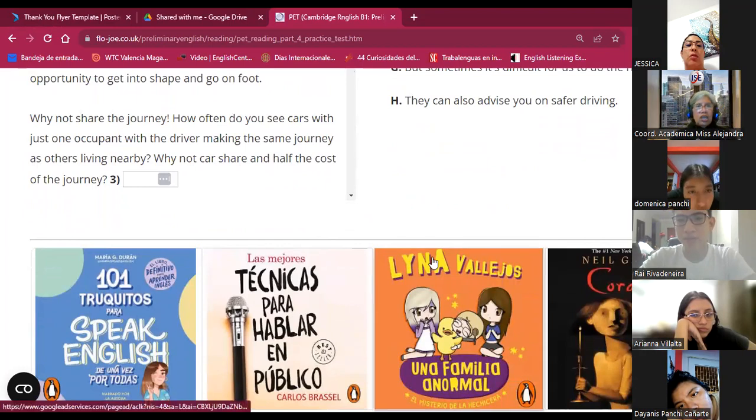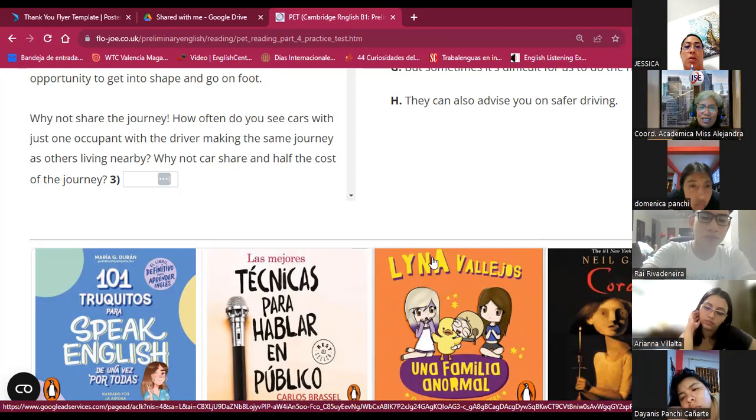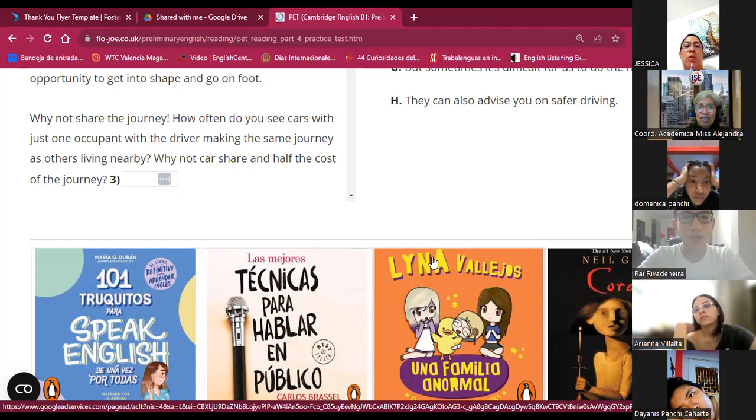Why not share the journey? How often do you see cars with just one occupant, with the driver making the same journey as others nearby? Why not car share and halve the cost of the journey? Which is the most important idea here, to protect the environment and save money, save petrol? Which is the most important idea there?